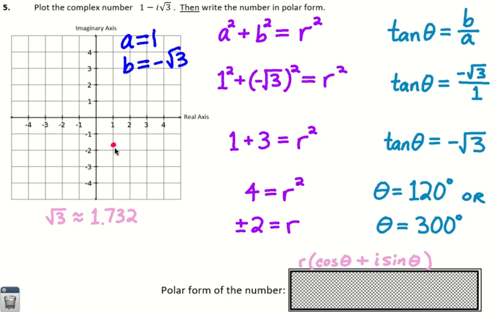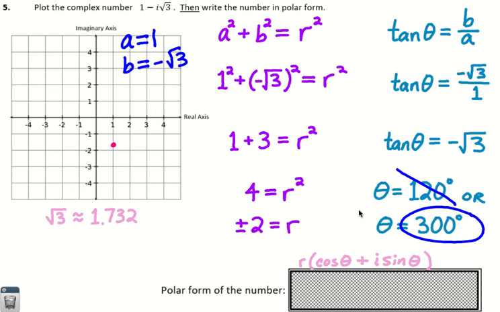And obviously, with my point being here in quadrant 4, we're going to go with 300 degrees and not 120 degrees, because just look, we got a positive A value, a negative B value, and that totally corresponds with an angle like 300 and not an angle like 120.